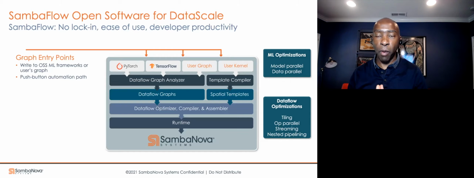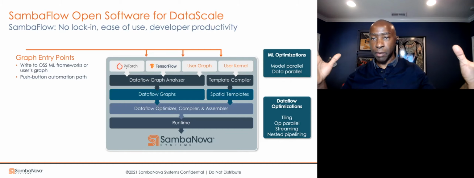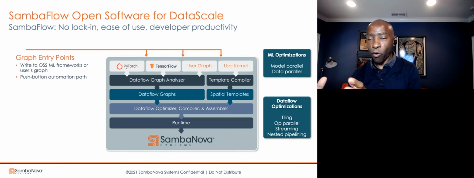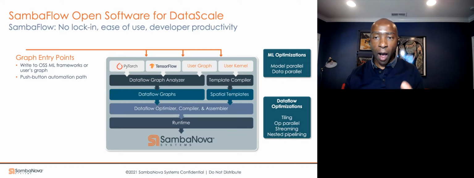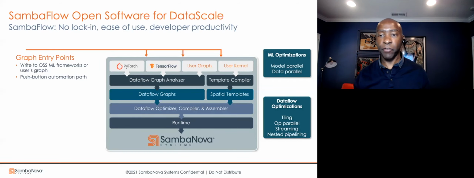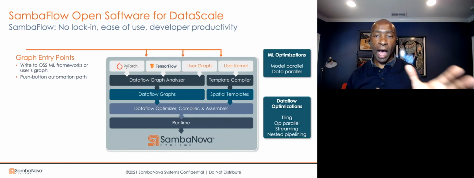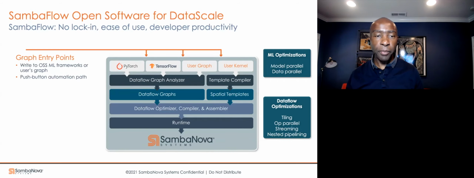So we might want to figure out how we're going to execute the data flow graph. Are we going to execute things in a model parallel fashion or in a data parallel fashion? We might want to do a lot of optimizations at the parallel pattern data flow level. So tiling, figuring out how much parallelism to exploit, how to stream the computation to make effective use of the computational units.